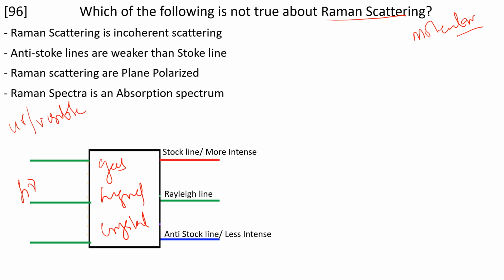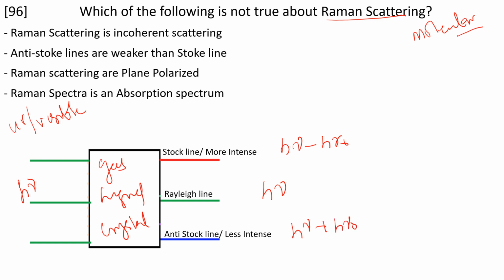So the scattered light has different energies: the Stokes line with energy h nu minus h nu naught, the Rayleigh line with energy h nu, and the anti-Stokes line with energy h nu plus h nu naught.